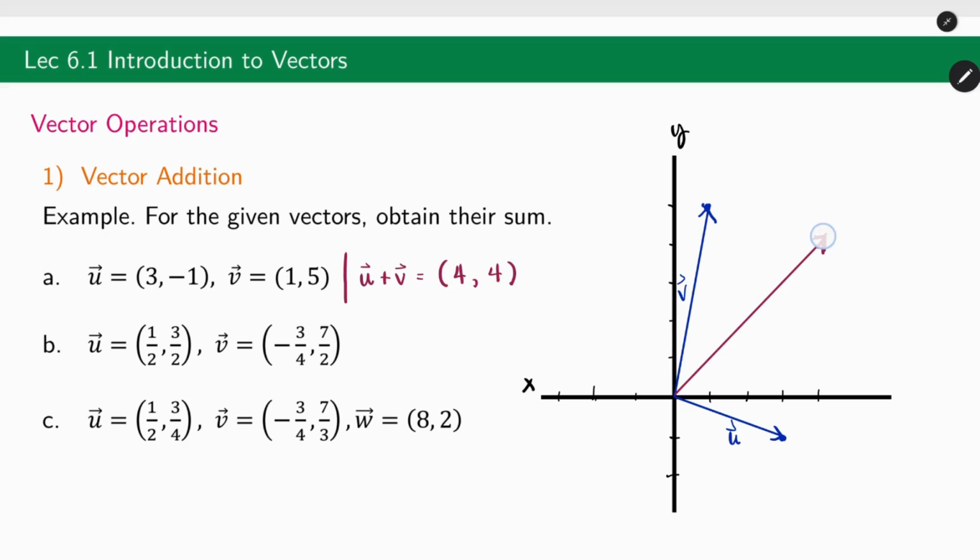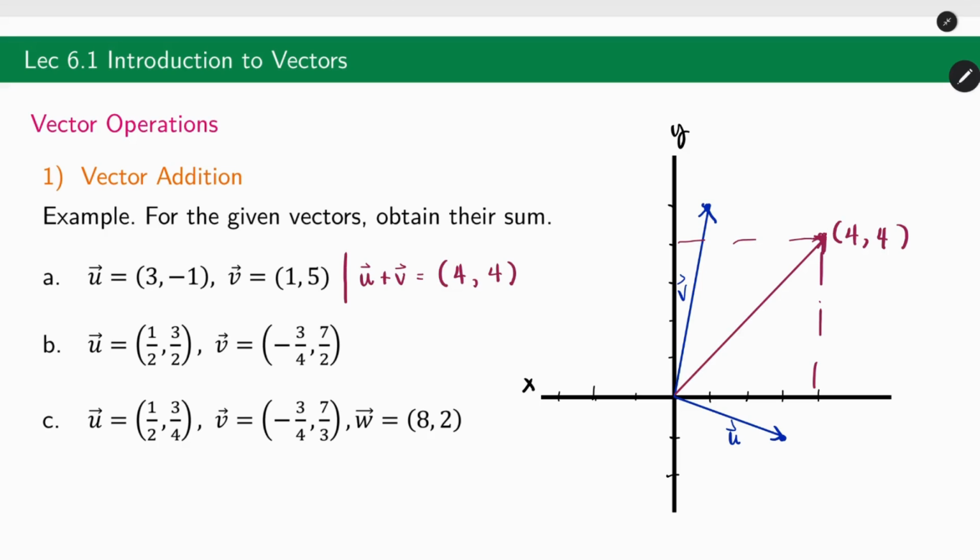Okay, what is this? Okay, as you can see, this is 4, 4. Right? So this is 4, 4. This is the sum of their vectors.